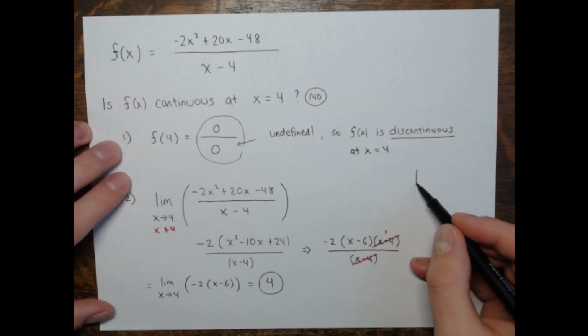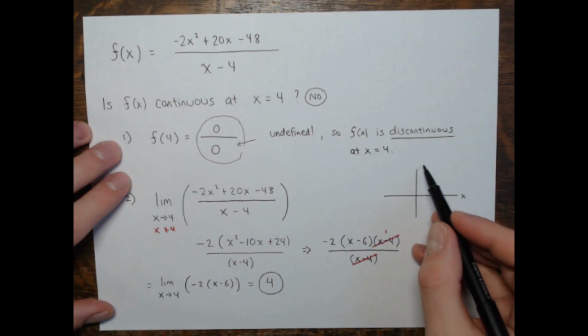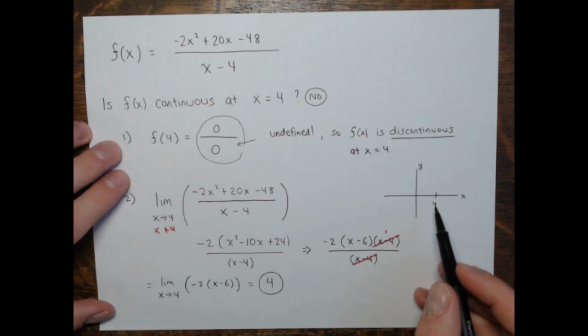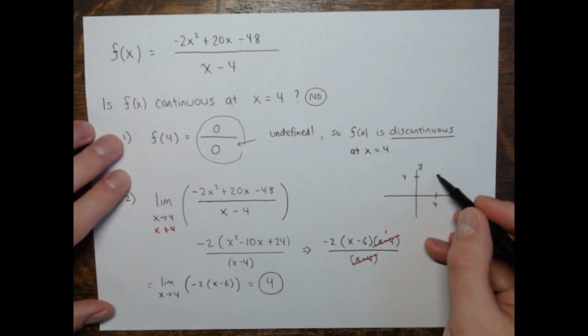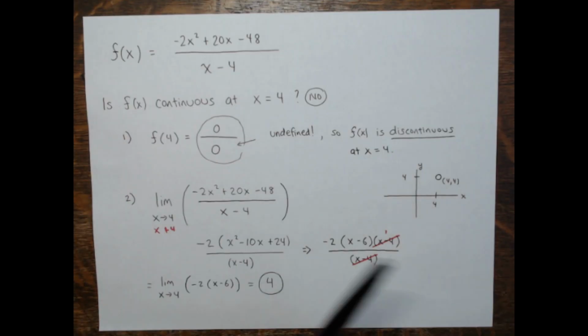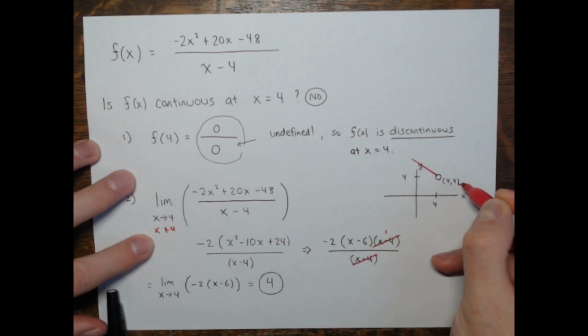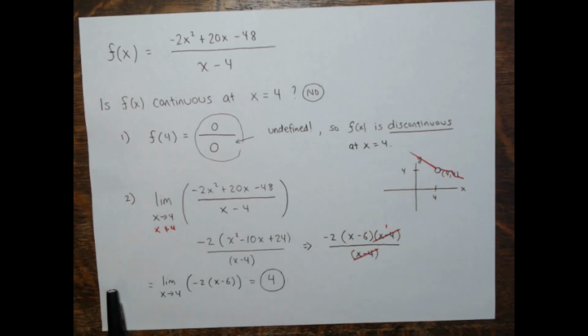So what's happening in the graph of this thing is that as x approaches 4 from both sides, y is approaching 4 as well. So you have this empty point, this hole with coordinates (4, 4), and the graph is approaching that location on both sides, right? But there's still the discontinuity there.